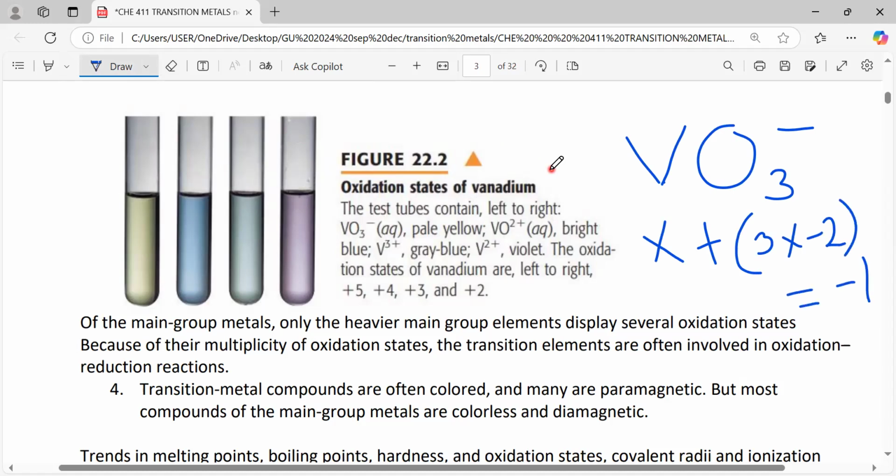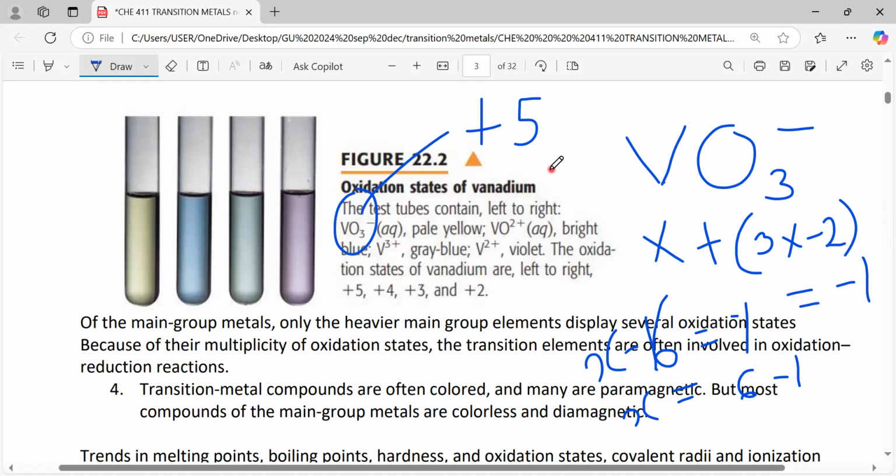We know that from high school how to calculate the oxidation state of an element within a compound. What shall we get? We get X plus -6 is equal to -1, and therefore X is equal to 6 minus 1. So here vanadium is +5.